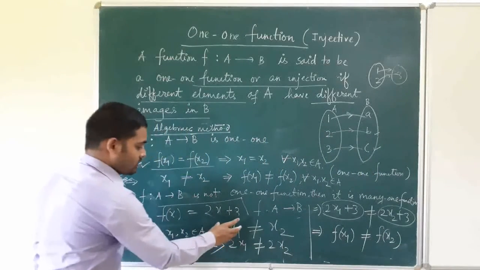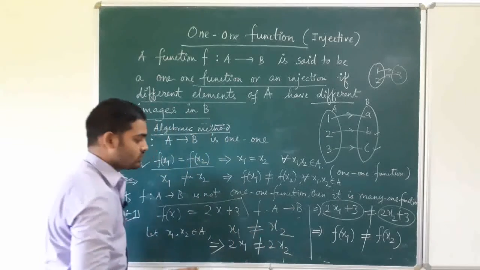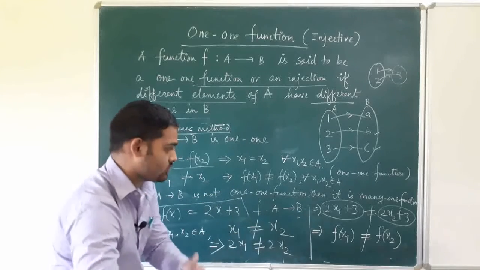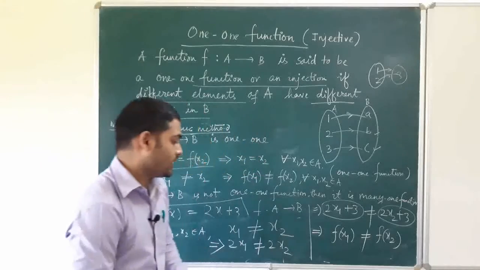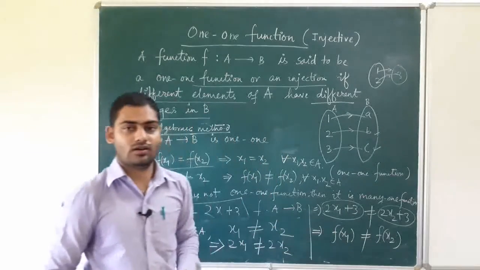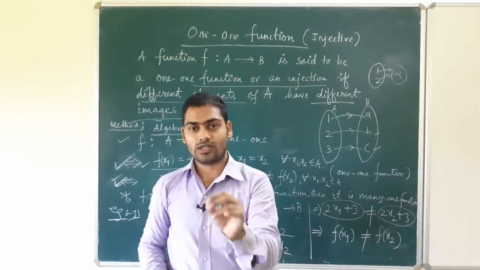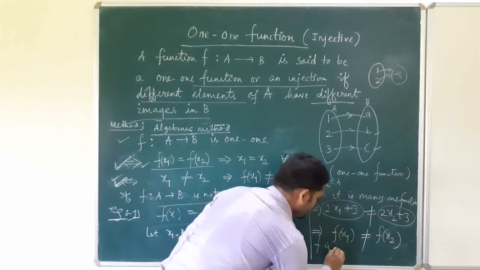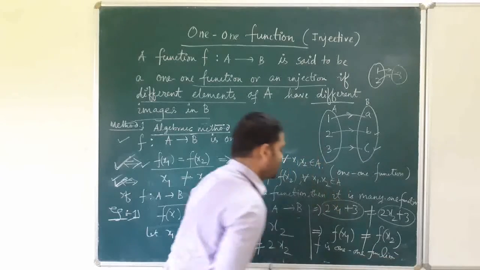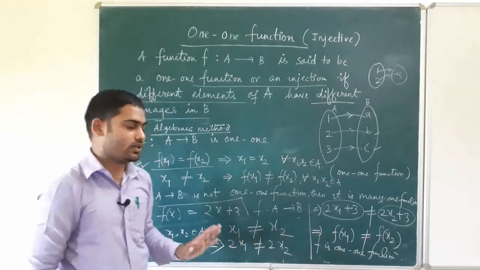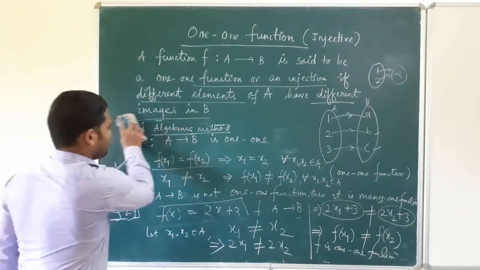If we take x1 not equal to x2, and we go towards f of x1 and f of x2, and they are also not equal, then we can say yes, the function is a one-one function. So f is a one-one function. Understood this? Now we take another example.